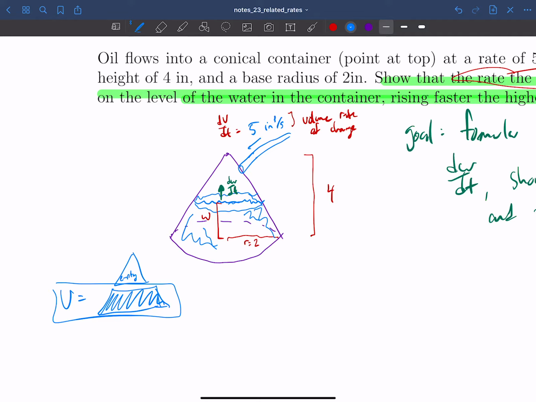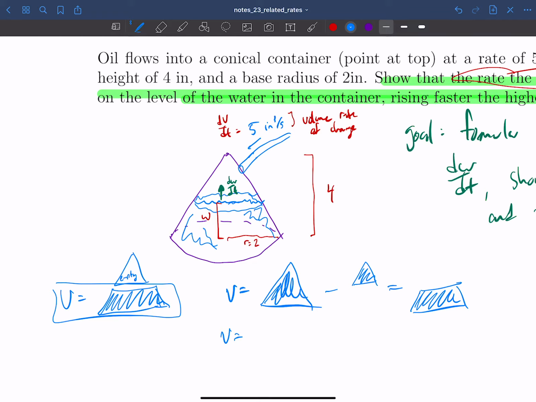So I need to figure out how to write that volume, and I can totally do that by taking V equals the entire cone minus just the part at the top. I know I'm just drawing it as pieces of a triangle, but that's okay. I think it gets the point across.